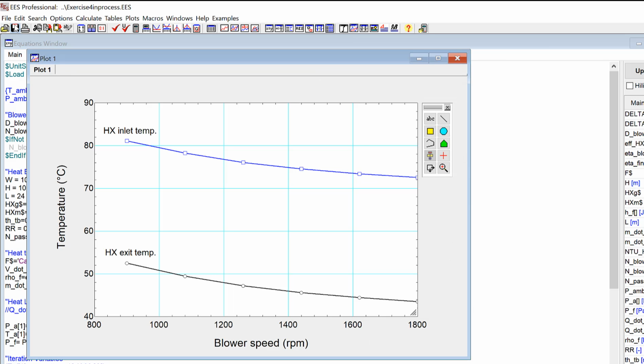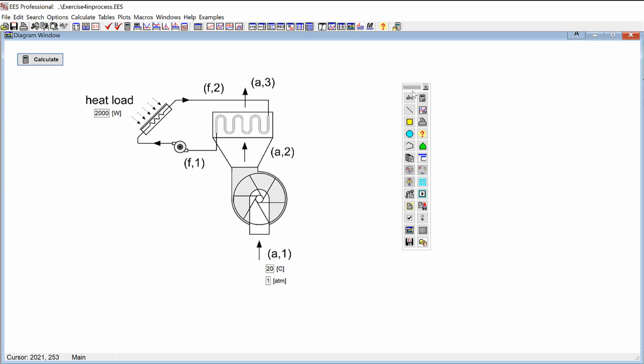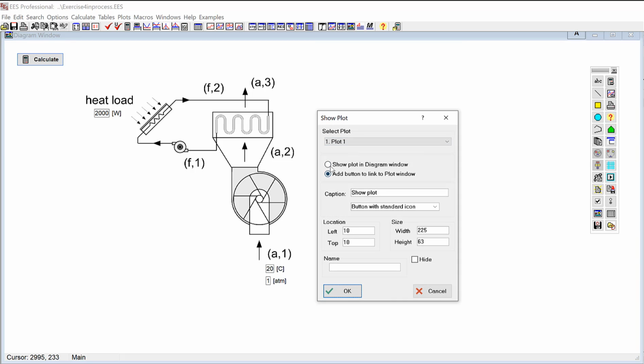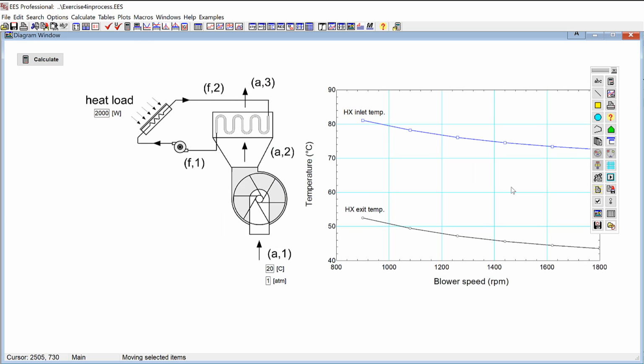So there's my plot, and I just have to put it onto the diagram window. So put it back in development mode, click the add plot, and then we'll actually just show the plot on the diagram window. And we'll put it maybe over here.